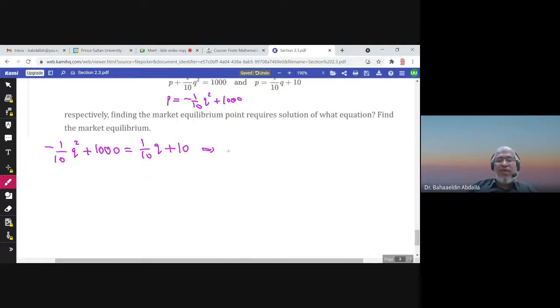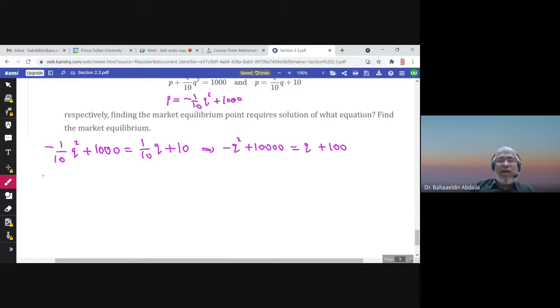So let me multiply by 10 to get rid of the denominators. So I have negative q squared plus 10,000 equals q plus 100. So I multiplied by 10, okay, to get rid of these two denominators.